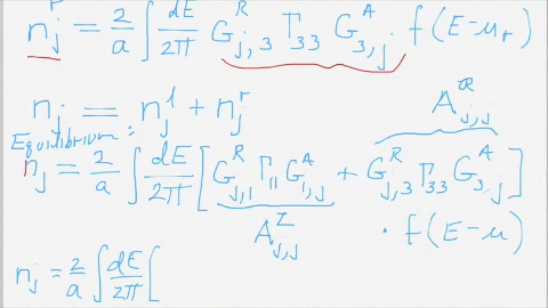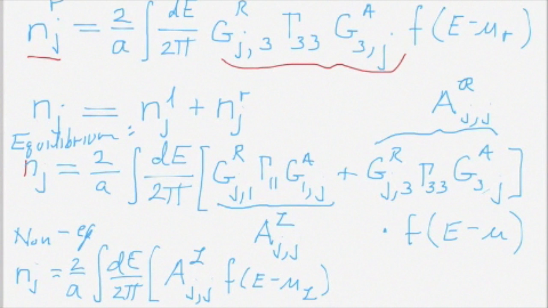So in non-equilibrium, I've got A left, J comma J, times F of E minus mu L, plus A right, J comma J, F of E minus mu right.